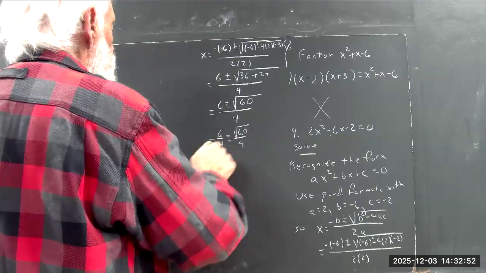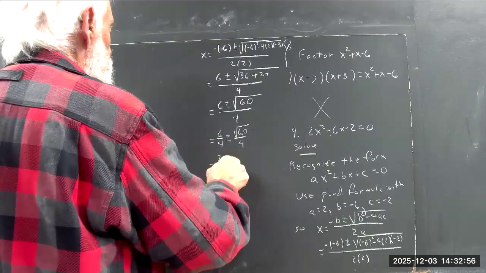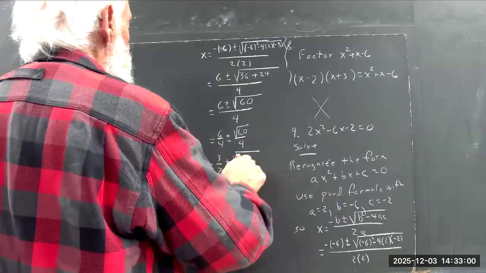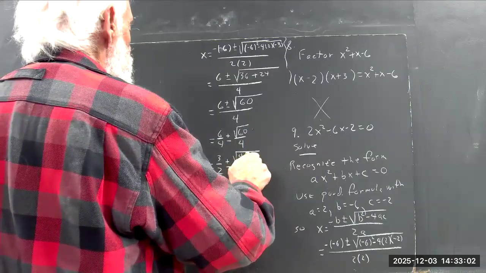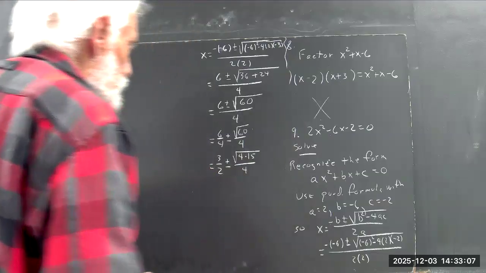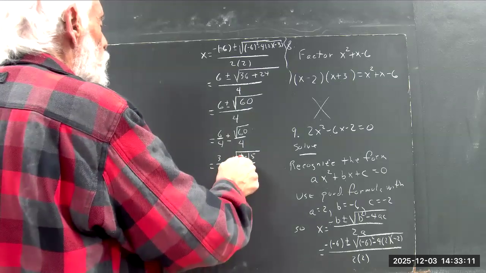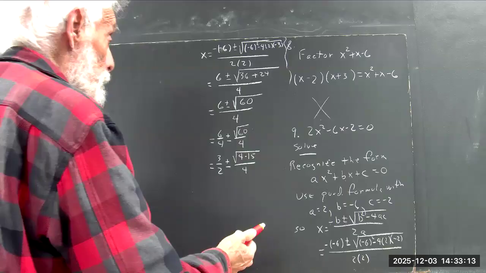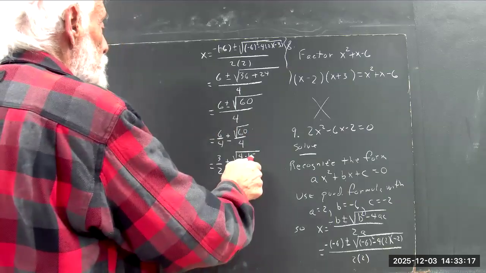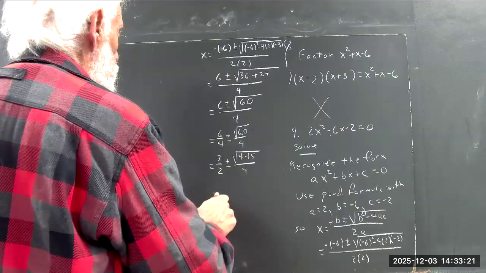Now, if we want to be really elegant about it, 6/4 reduces down to 3/2. 60 is 4 times 15. Why do I do that? Because of this 4? No, it's just because 4 is a perfect square and it divides into 60. Leaves me 15, and there are no perfect squares that divide 15.